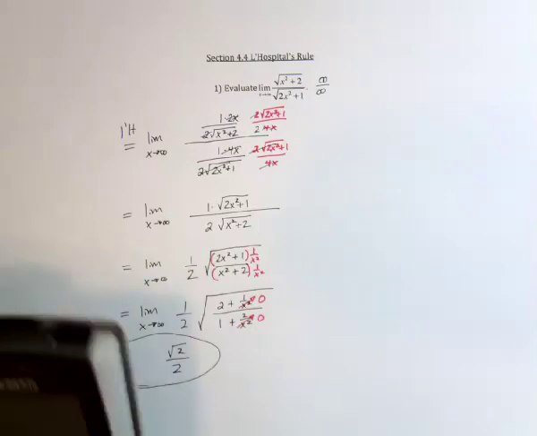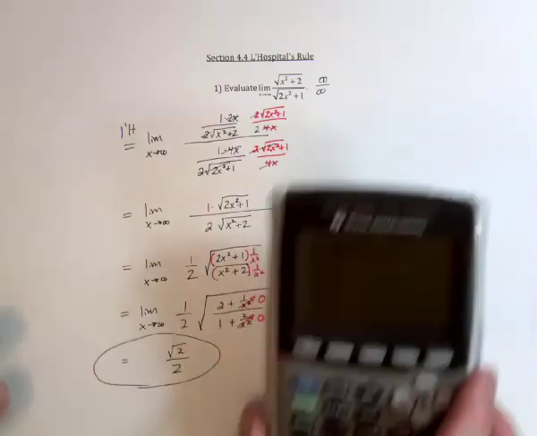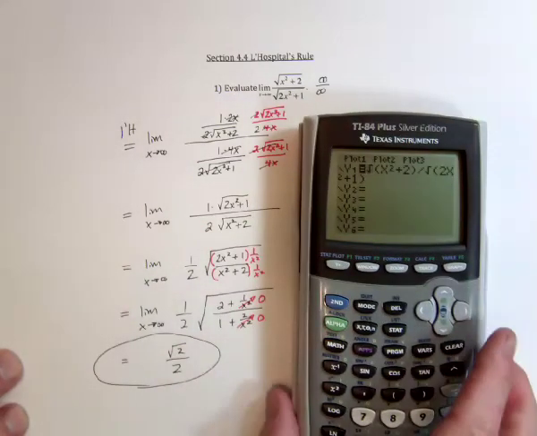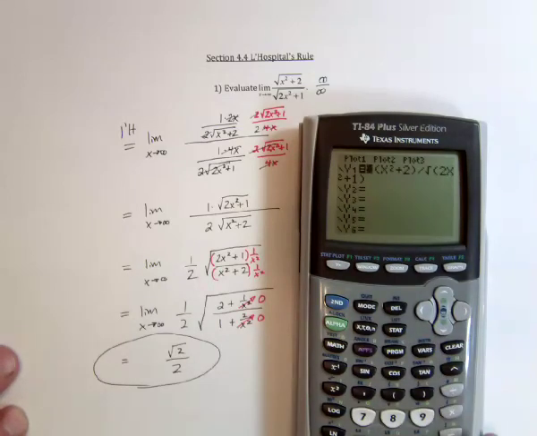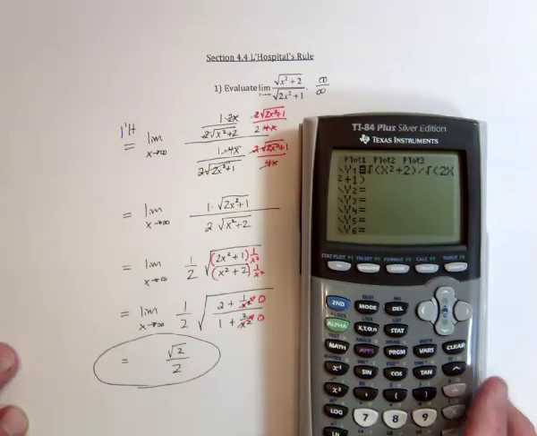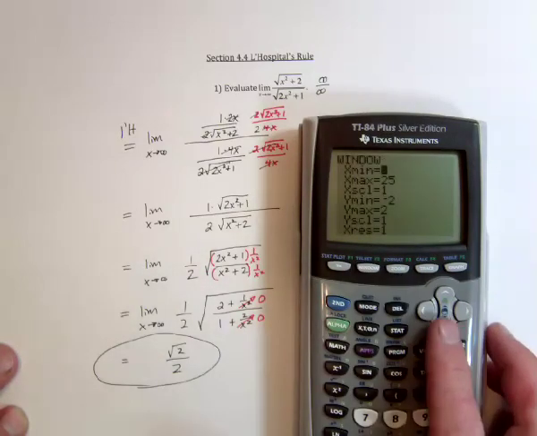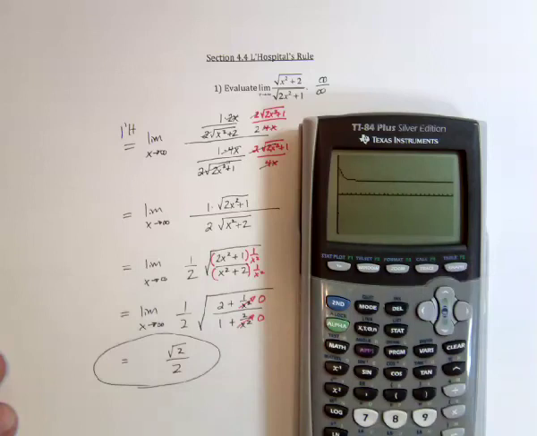And then I want to take a look at the graph. So here's the original problem. Square root of x squared plus 2 over square root 2x squared plus 1. And then have the window go out fairly far. We'll try 25. And see if the graph is leveling off somewhere. Yep, that looks pretty leveled off.